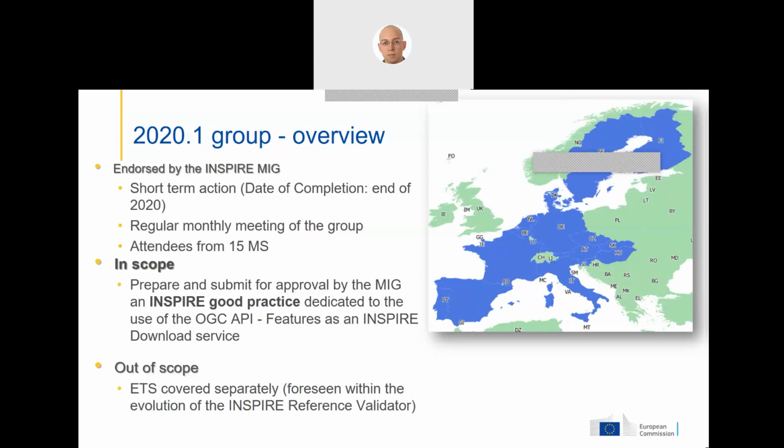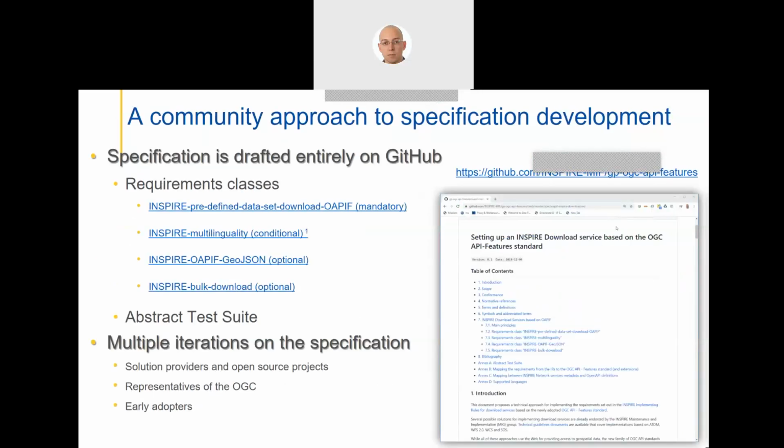What we will be dealing with separately are the executable tests and development of an executable test suite for OGC API Features instances. We're going to discuss that topic a little bit later in the agenda. What we have been dealing with, and it will be presented, of course, a little bit later, is our specification.